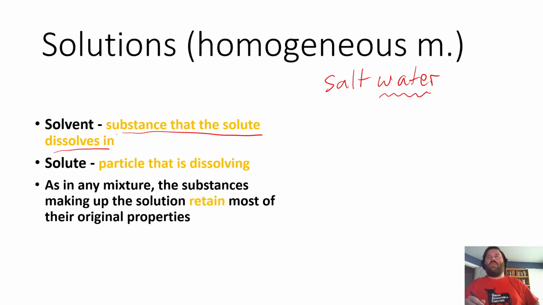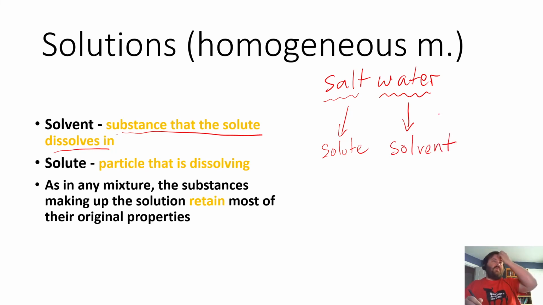In fact, water is generally referred to as the universal solvent. And then the salt is the solute, that's the particle that is dissolving. We dissolved the salt in the water, so the salt is the solute, and the water is the solvent. This is just some vocab to remember. We will talk about solutions all throughout the semester, and especially in the chemistry part. So, just bits to remember.